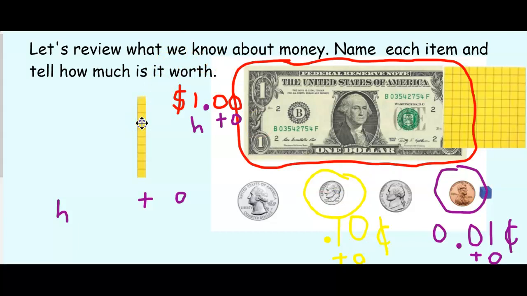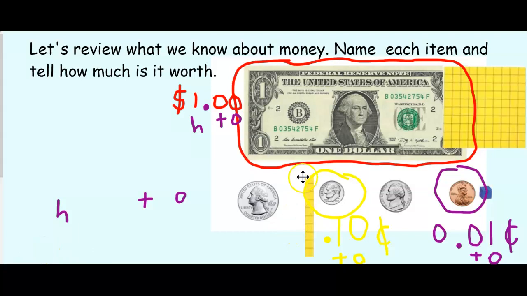Now let's look at our base 10 blocks. A tens rod is just like 10 cents. Because if you were to count each cube on the tens rod, you would count 10 cubes. Just like 10 pennies equals a dime, 10 ones cubes equals a tens rod.